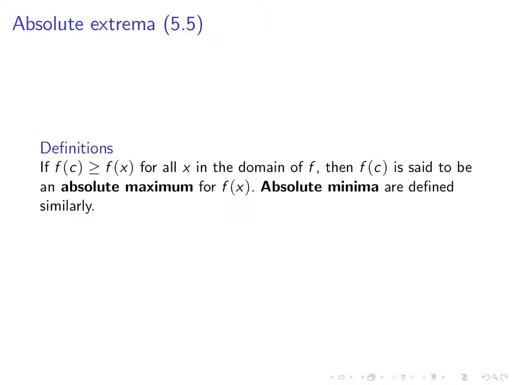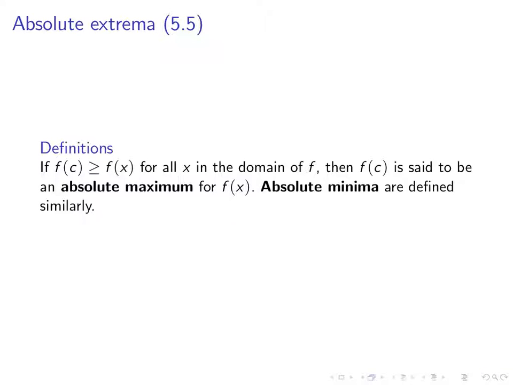In these cases, we have that the function f of x has an absolute extremum at x equals c. And this means that in the case of an absolute max, f of c is the largest function value over the entire domain of f. And an absolute minimum is the smallest value of the function over the entire domain.